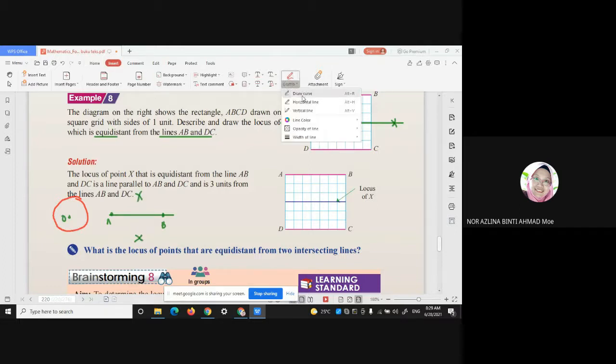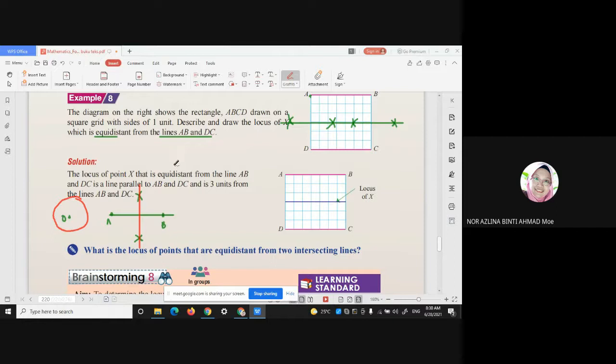This is the shape of the locus, a vertical line. The red one is the locus between A and B.